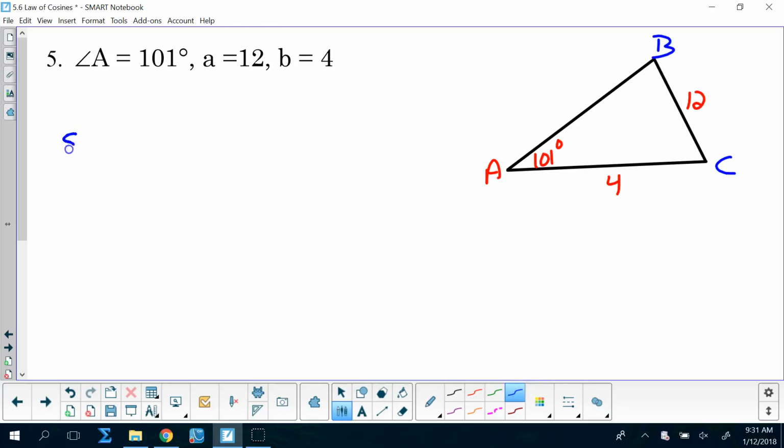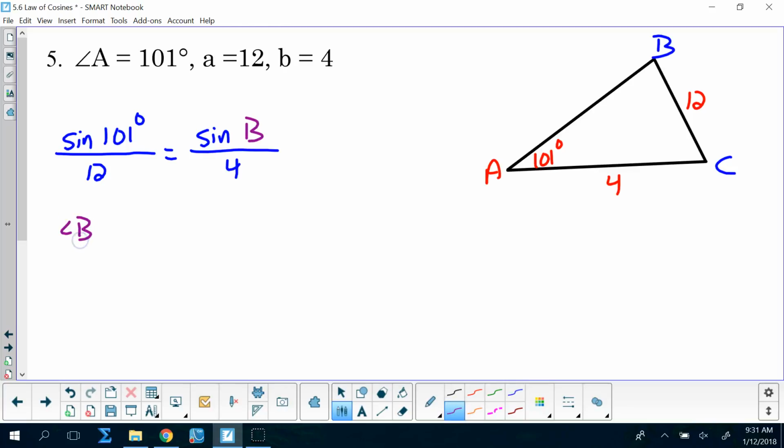So the sine of angle A, which would be 101 degrees, divided by 12, is going to equal the sine of angle B divided by 4. So that's going to give me the fact that angle B here is equal to the inverse sine of 4 times the sine of 101 degrees, all divided by 12.